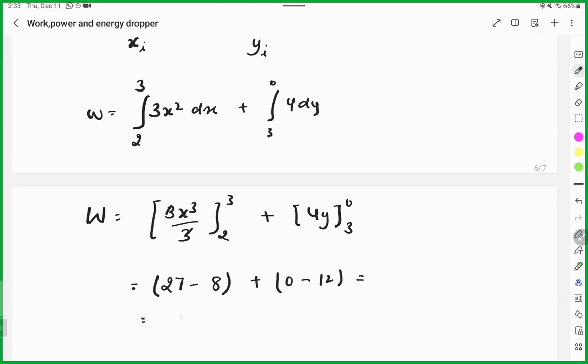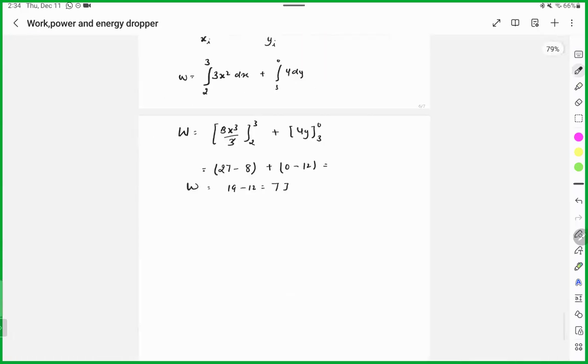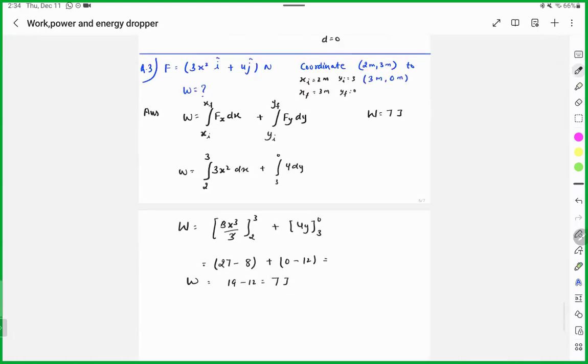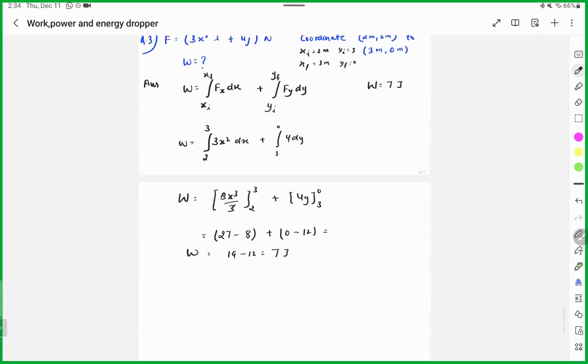This one is 19 minus 12, 7 joule. Yes or no, guys? Was it a difficult question? No, sir. When you see a question, initial coordinate to final coordinate, F with respect to x, F with respect to y. Okay, next question.